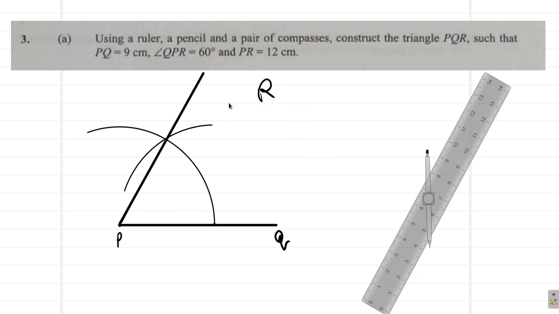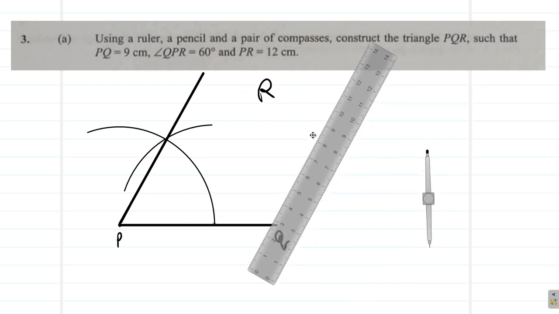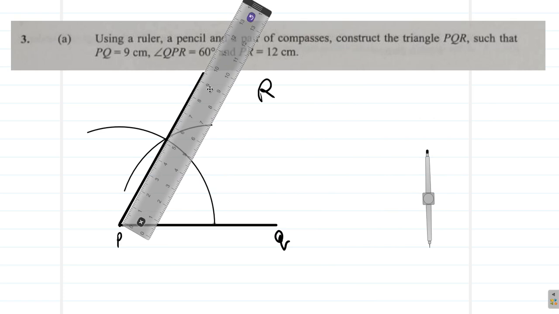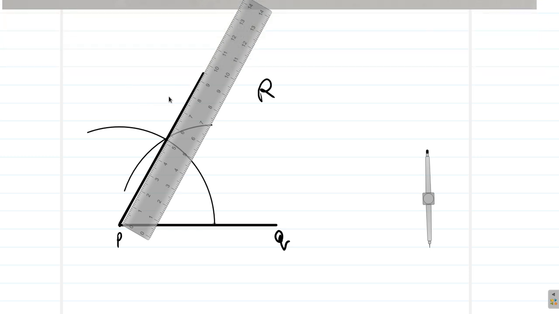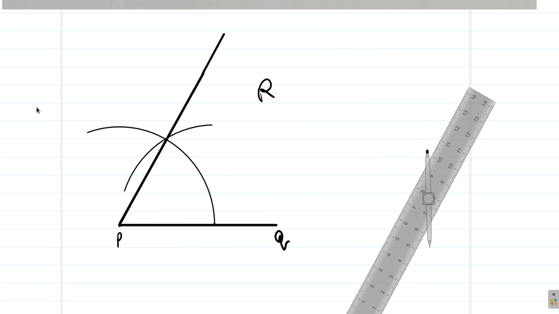It says PR is 12. Okay, good. So if PR is 12, this is kind of close. Let me get it out of the way. I need to extend PR some more. 12. So that is R right up there. Alright? PR is 12.